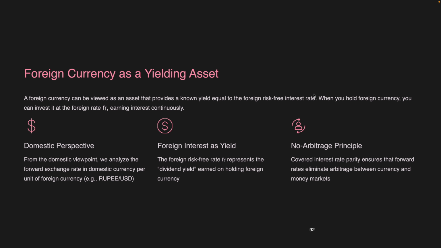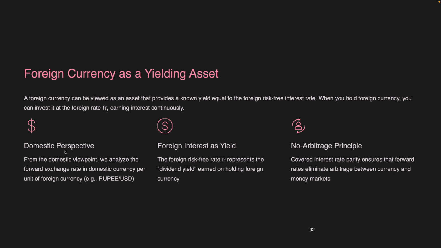When you hold foreign currency, you can either invest it at the foreign rate of interest, that is rF, or you can invest at the domestic rate of interest. So you are getting two risk-free rates. One is small r, which is the domestic risk-free rate, and another is rF, which is the foreign risk-free rate. So you can invest in either of the two places.